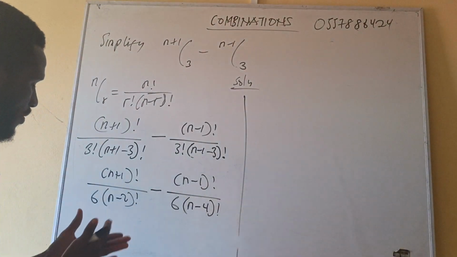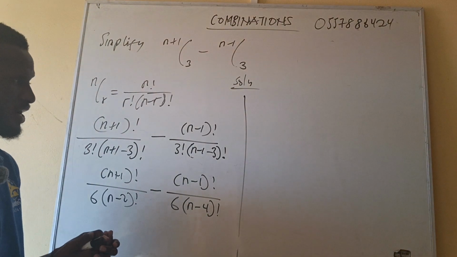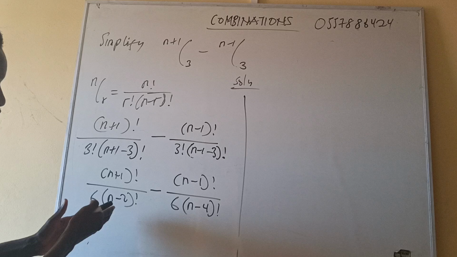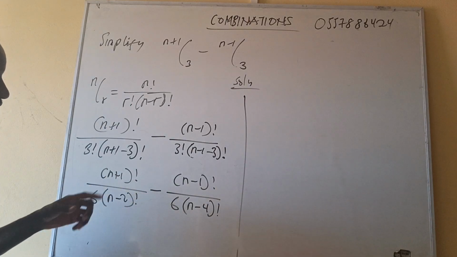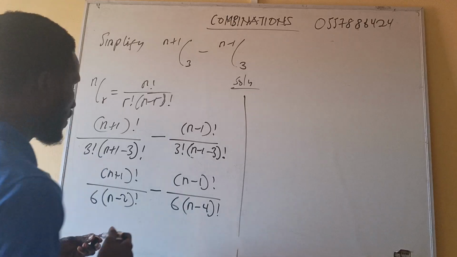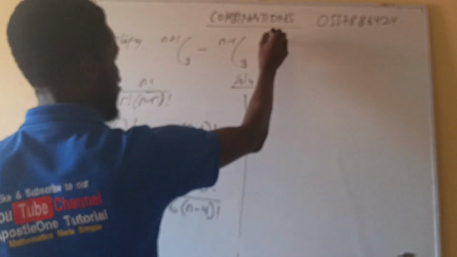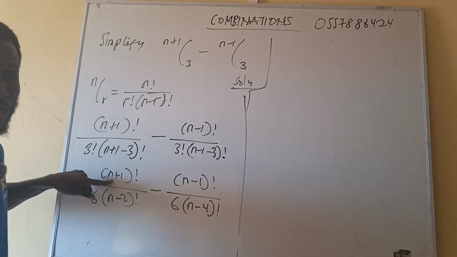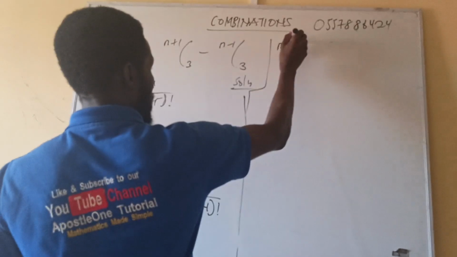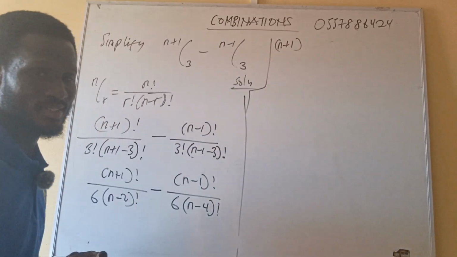Now listen. The only way we can solve this one is that we need to simplify it so the factorials will cancel out. So as usual, I'm going to break this one down. I'm going to get n plus 1 as the first one.